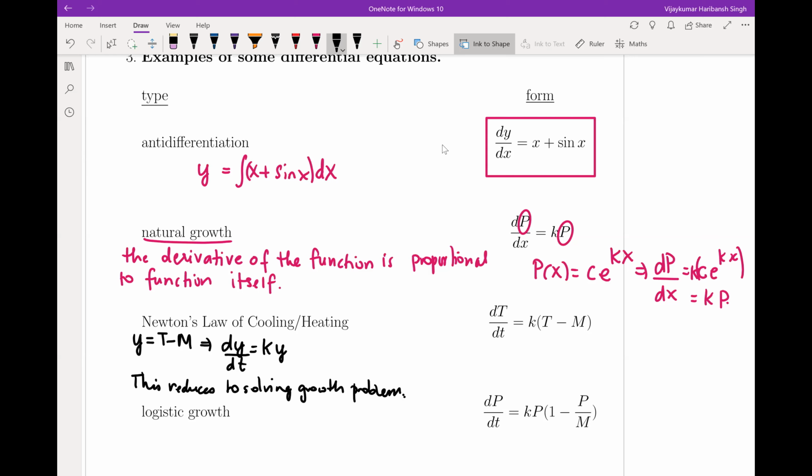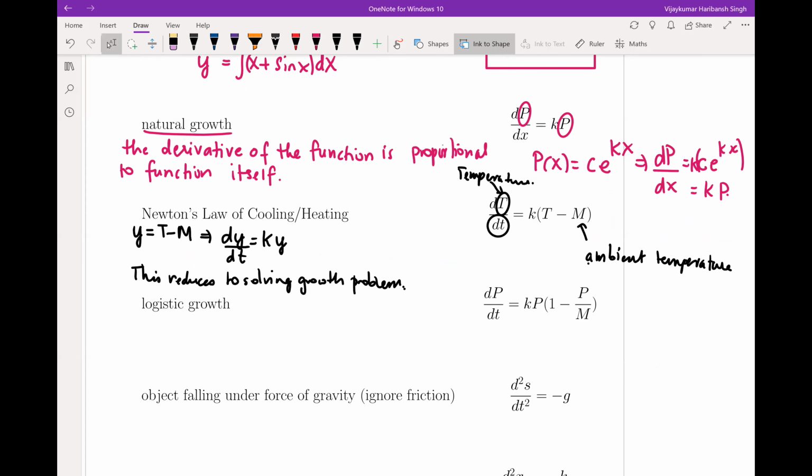In this case, recall, this was your time, this is the ambient temperature, and this was your temperature. So you have an object of temperature T, you place it in the surroundings of ambient temperature M, and you see how the temperature of the object changes.